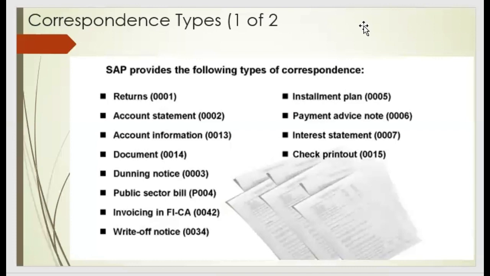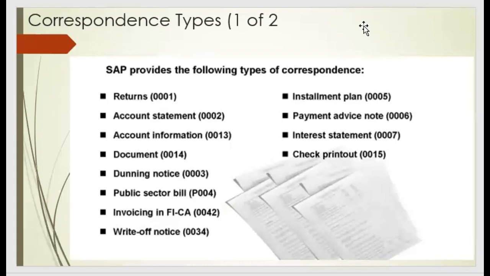If somebody is not able to pay the higher amount, we provide some solutions for them, or we divide it into installments. And once it is divided, we send a correspondence to the customer about the plan for their installments, within how many days they need to pay back. So those details will be sent to them.